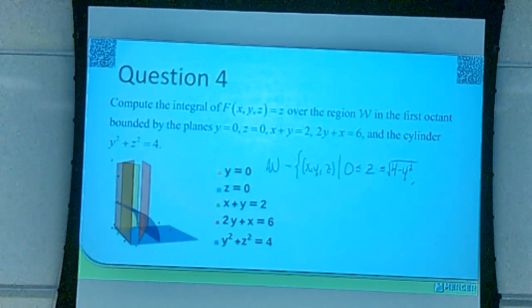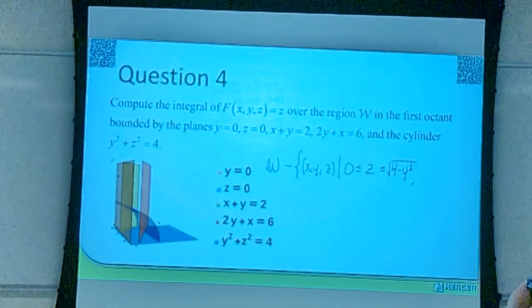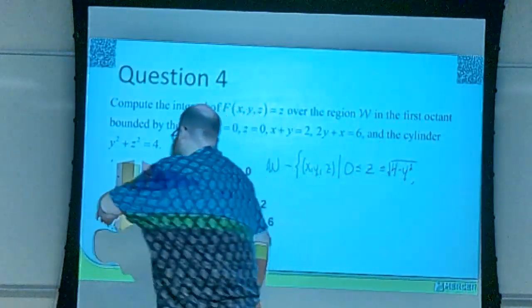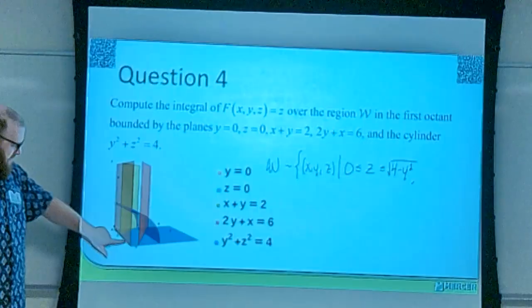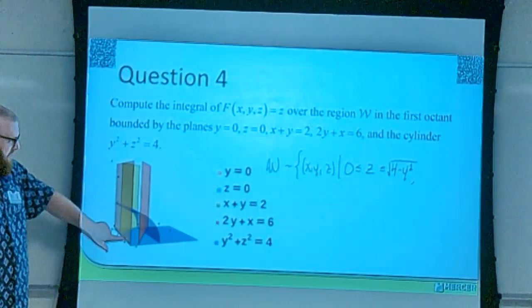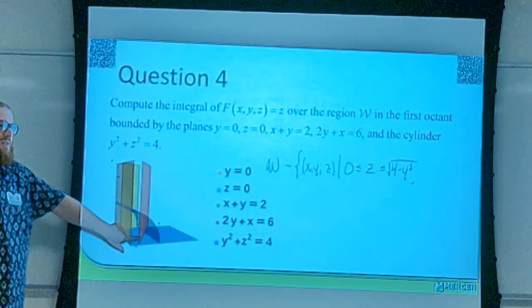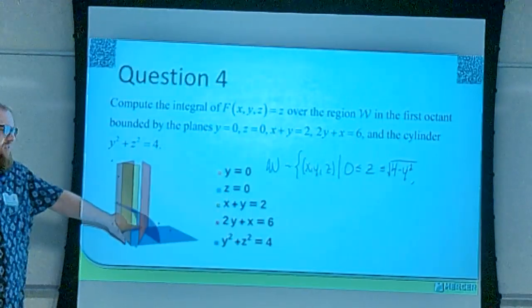You could, but it's a bit more hideous. Because if you do y next, we're going up this way, right? This is the x-axis. Y goes from 0 to the red plane until we hit a certain point, 2, then it goes from the green to the red.